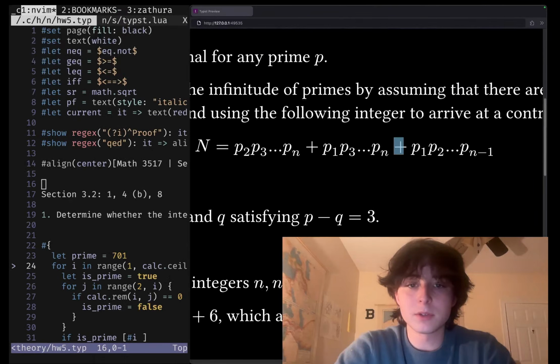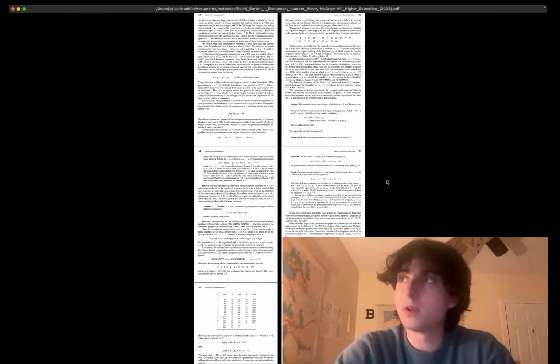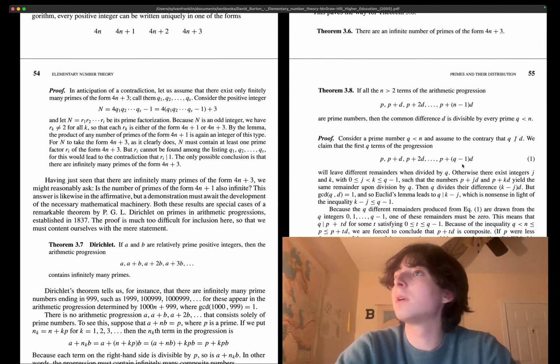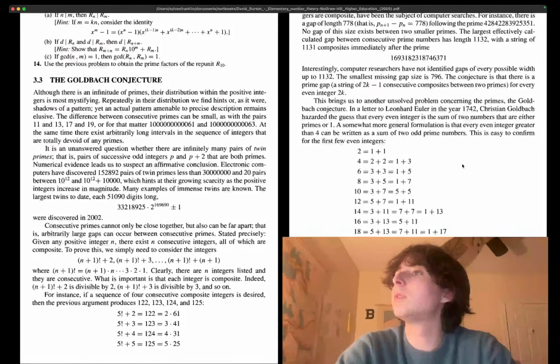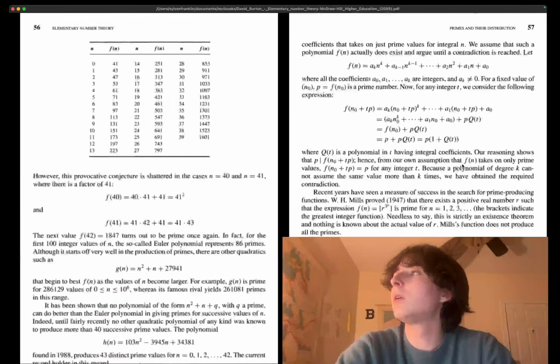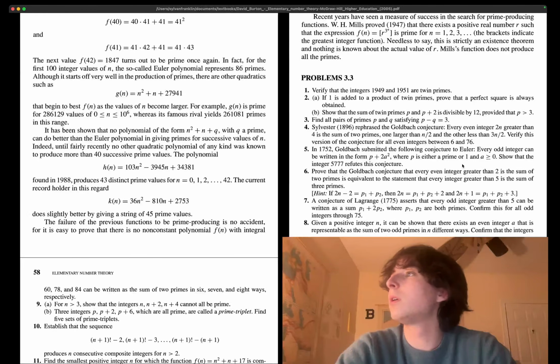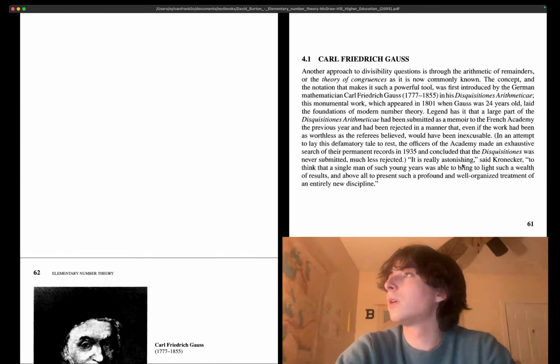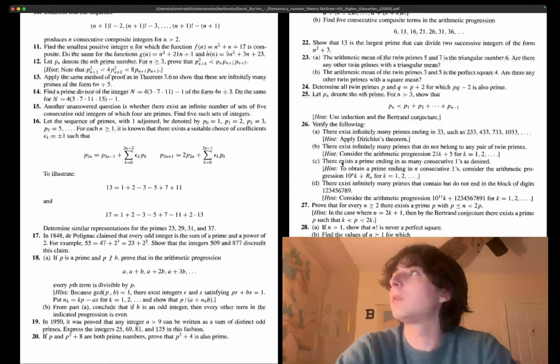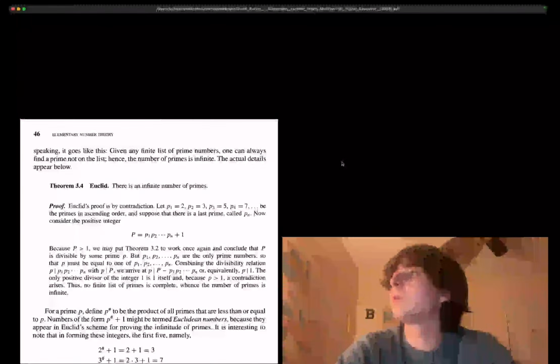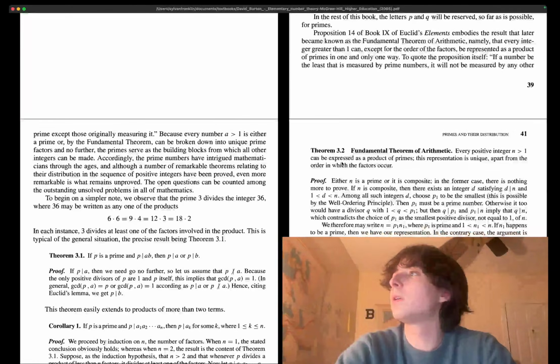Let's move it to its own area. Okay. What is this? 3.2? Or 3.3? 3.2. Gotta love a janky PDF reader.